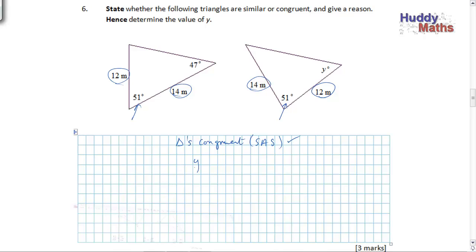This was a little bit tricky, because if you match this up, you've actually got to flip this triangle over. So Y is not 47, Y is equal to that one. Okay, can you see that? You've got to match them up in perfect order. So triangle ABC and DEF don't match in that order. Triangle ABC is congruent with triangle... Now A is equivalent to D here.